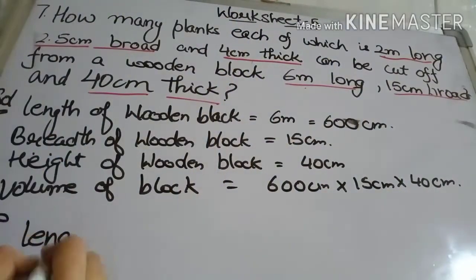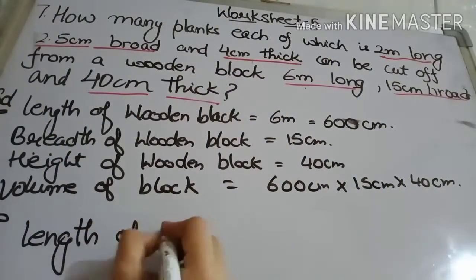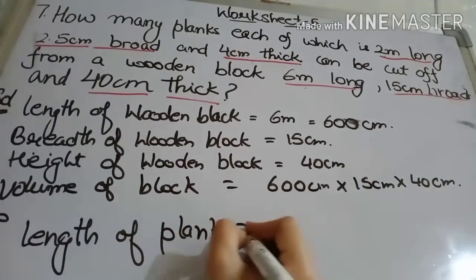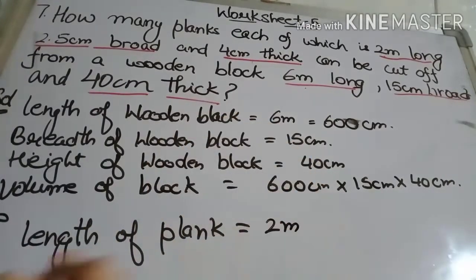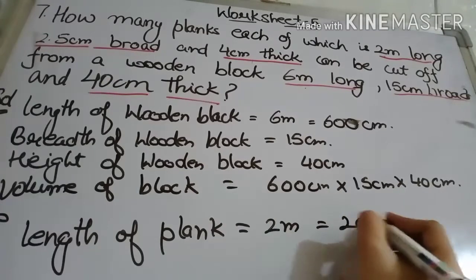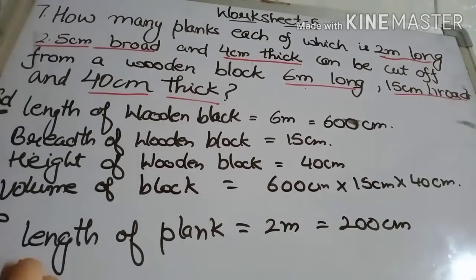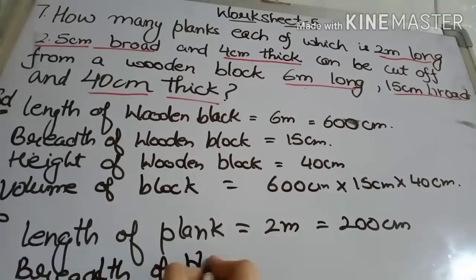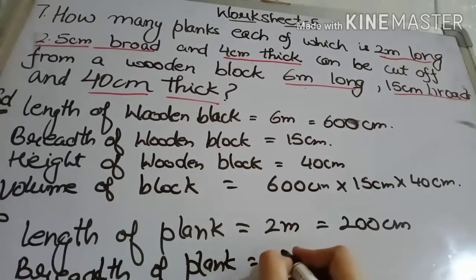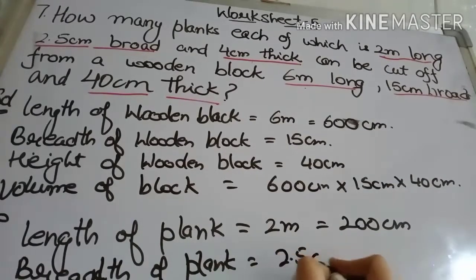Length of a plank is equal to 2 meter, meaning 200 centimeter. Breadth of the plank is 2.5 centimeter.